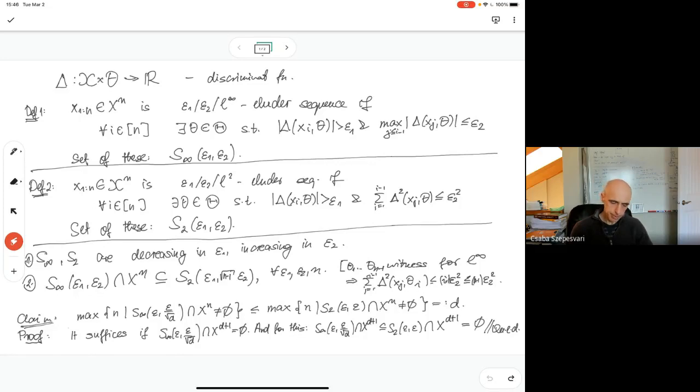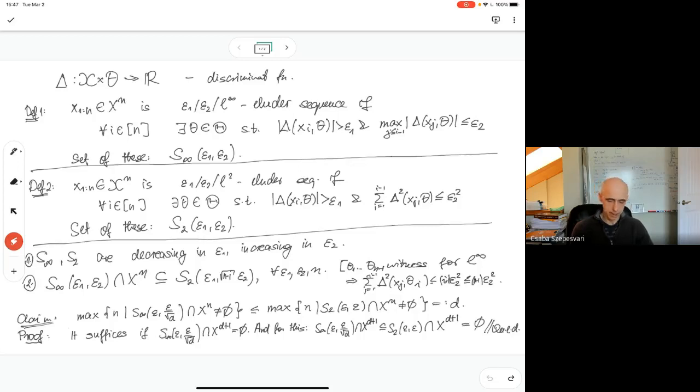And then it follows that the maximum length for Eluder sequences of the L infinity type with a parameter epsilon, where the second parameter is scaled down by a factor of square root of d, where d is the maximum length of L2 Eluder sequences, is upper bounded by this d parameter.